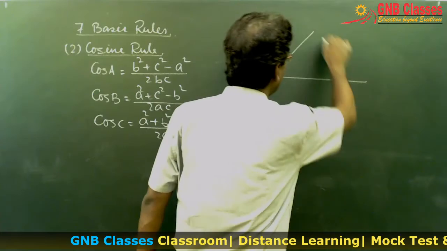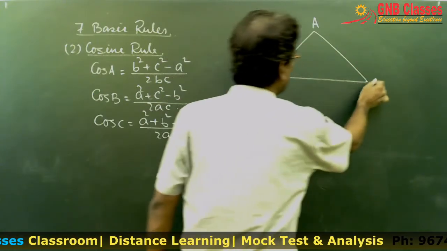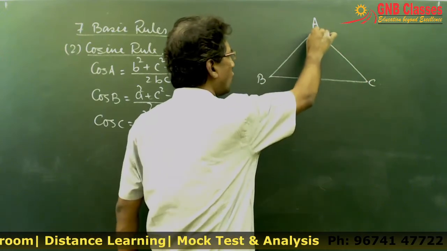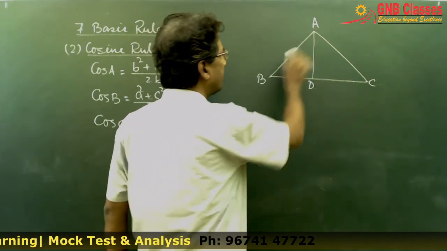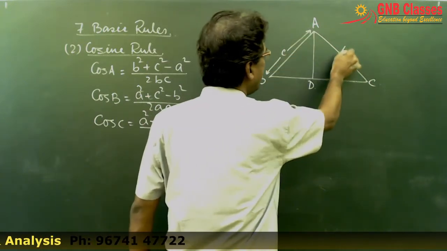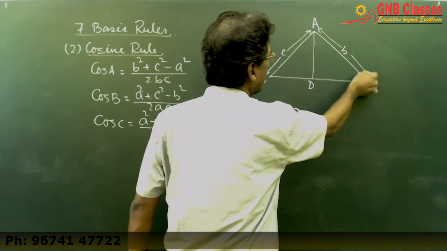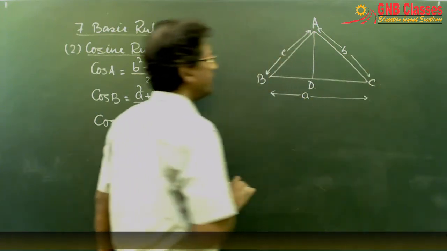ABC is a triangle. Let me draw AD perpendicular to BC. This length is c, this is your b, and this is your a. Is it clear?